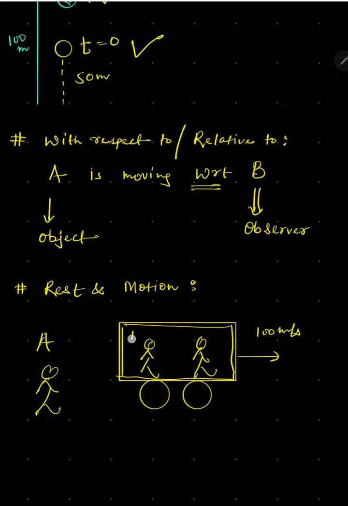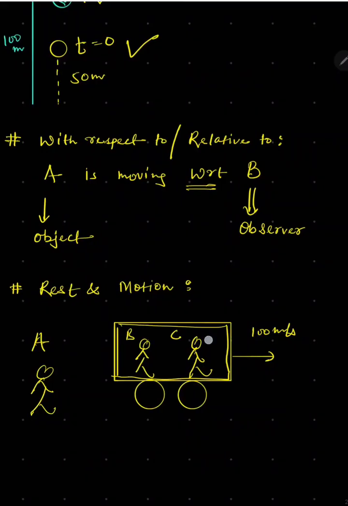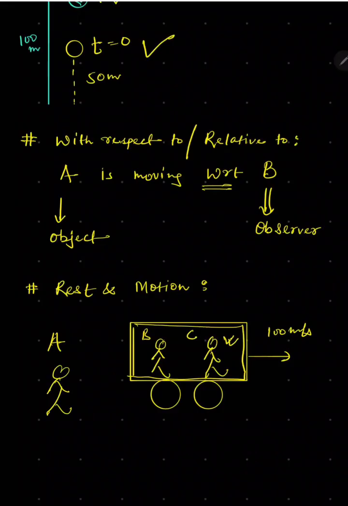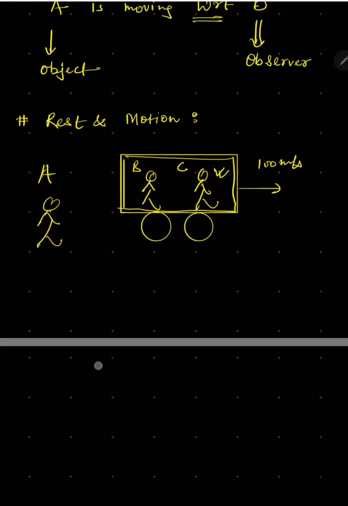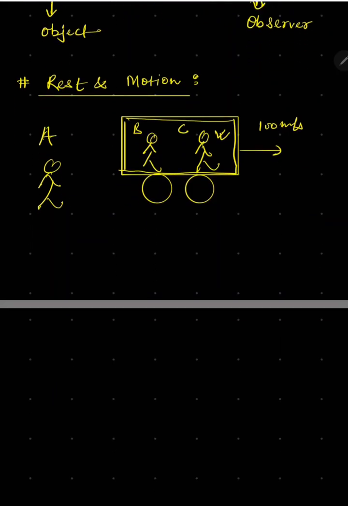This is A, this is B, and this is C. So let's try to observe object C. According to observer B, object C is at rest, while according to observer A, object C is in motion. You must understand that both the words rest and motion are relative terms. We cannot say that anything is absolutely at rest or absolutely in motion. Understood? Fine.